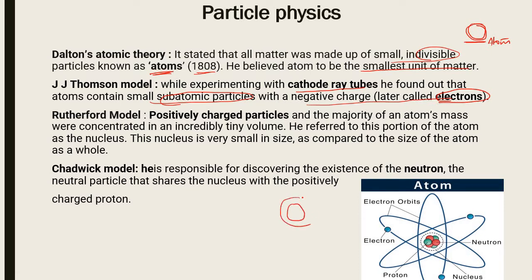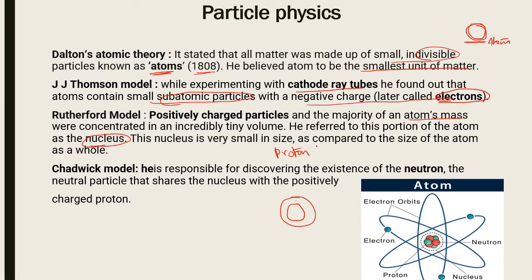Okay, so later Rutherford gave his model, and he is the one who discovered the proton. According to his theory, positively charged particles and the majority of an atom's mass were concentrated in an incredibly tiny volume. He referred to this portion of the atom as the nucleus.